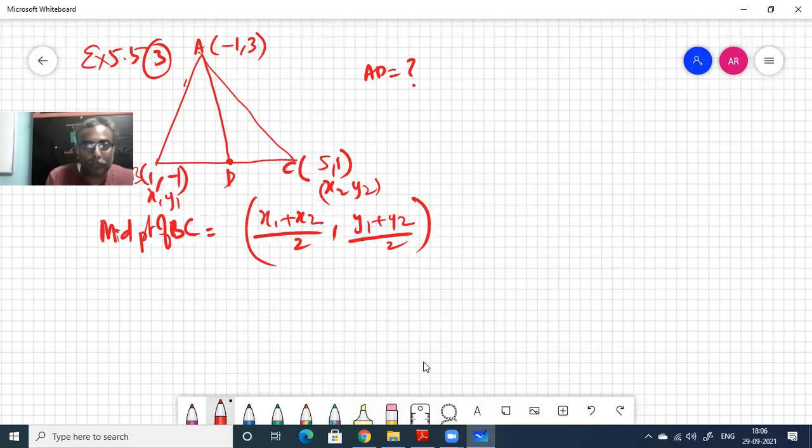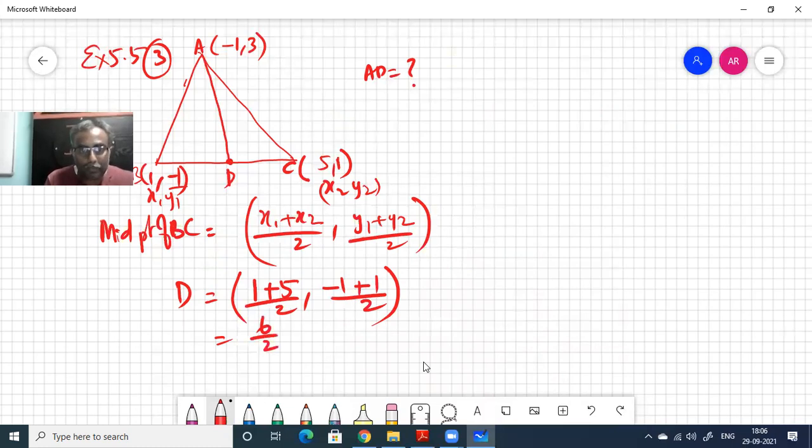Now x1 is 1, x2 is 5, by 2, comma y1 plus y2, y1 is minus 1 plus 1, by 2. Okay, midpoint of BC, that is D, is equal to 1 plus 5 is 6 by 2, comma 0. That is equal to (3, 0). So this point becomes (3, 0).